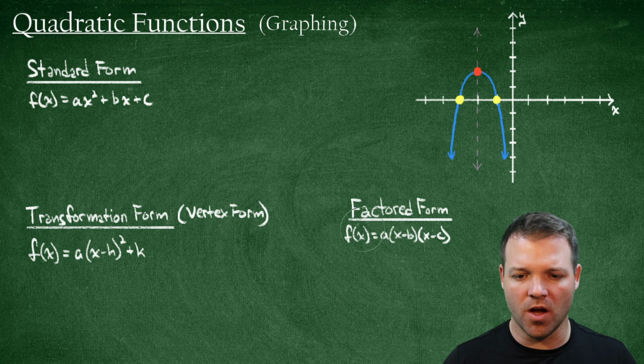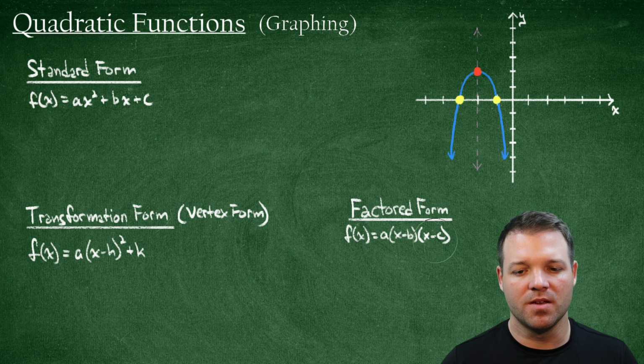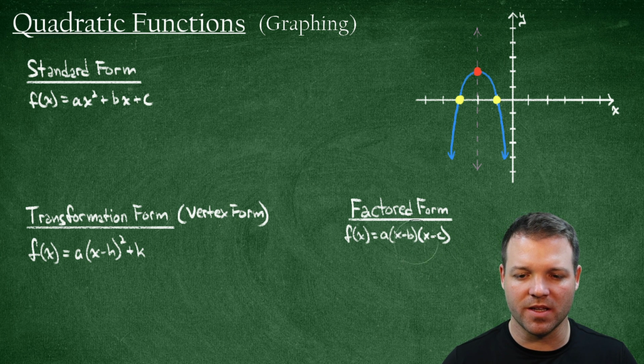So we can always factor our quadratics, and I'm just picking variable names here, but I'm going to keep a constant number as a. So we have a out front, and then whatever the factors end up being, we'll very simply call them x minus b times x minus c. These could be slightly more complicated on the inside, but for simplicity's sake, we're just going to use b and c there.